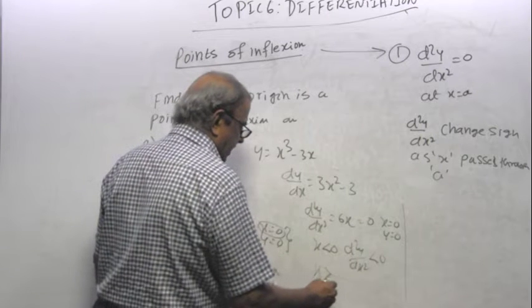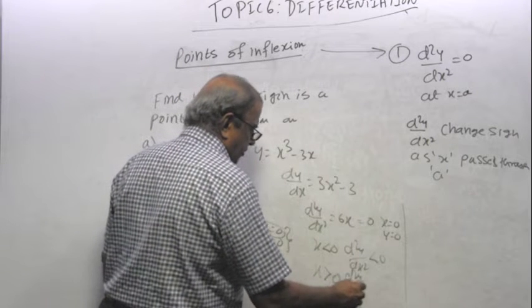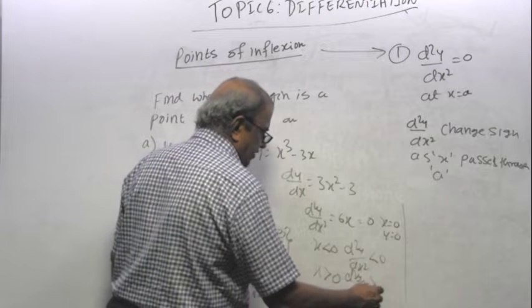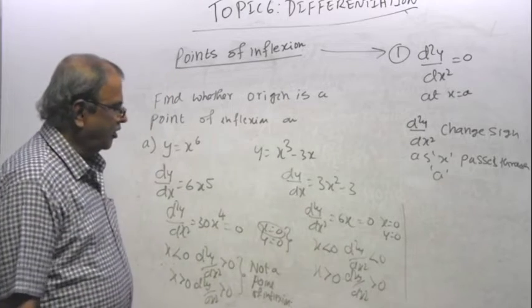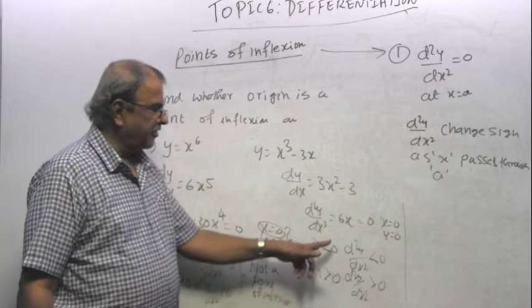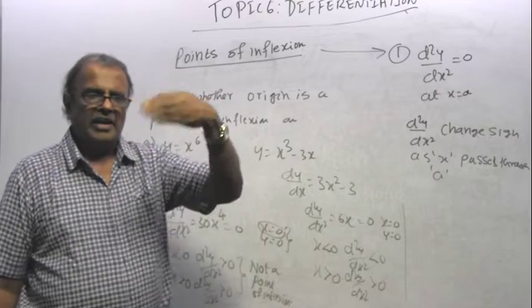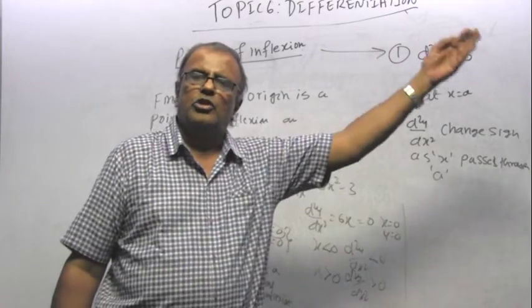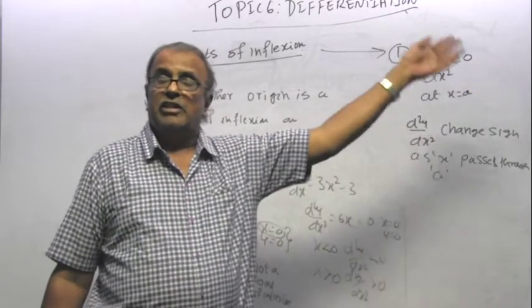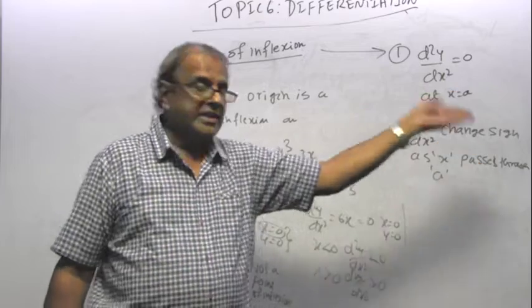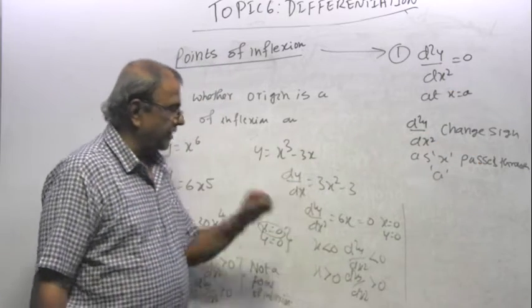For x greater than 0, d squared y by dx squared is greater than 0. Therefore, the sign of d squared y by dx squared changes as x increases and passes through the value of x at which d squared y by dx squared is 0. Then it is a point of inflection.